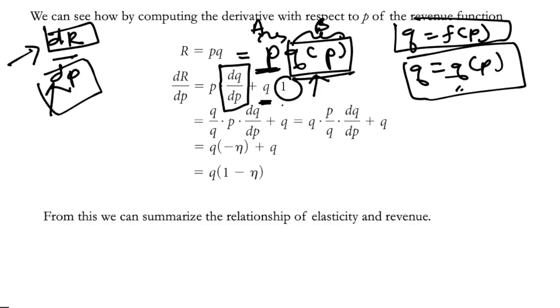Now what you see in the second line here is nothing else but the first line, where you multiply both sides by Q over Q. In the second line, multiply both sides by Q over Q.